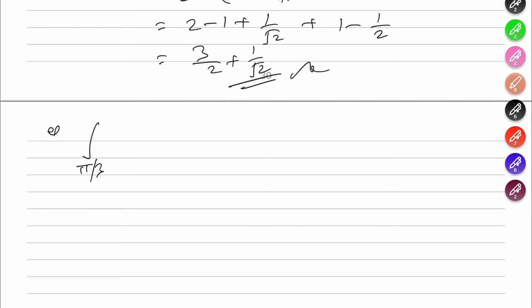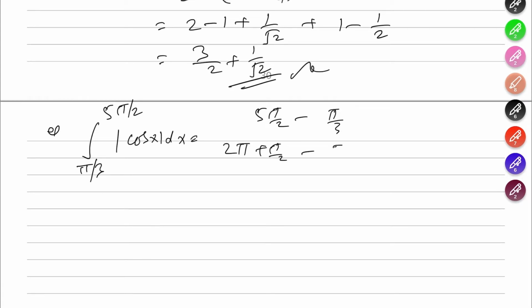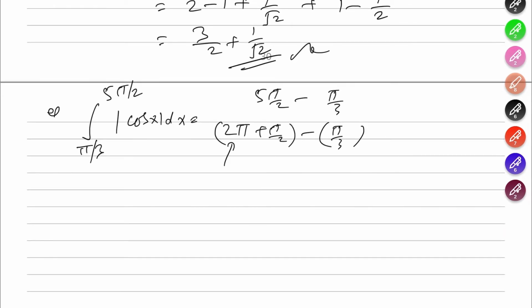Okay, let's take cos. Let's say this is pi by 3 to 5 pi by 2 of mod of cos x dx. So we have upper limit 5 pi by 2, lower limit pi by 3, that means 2 pi plus pi by 2 minus pi by 3.